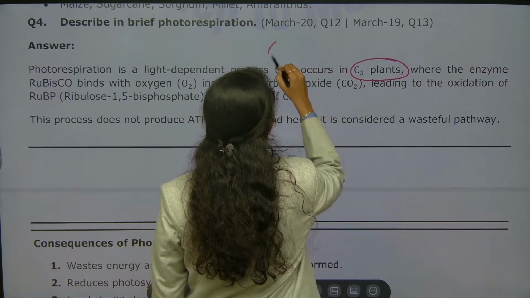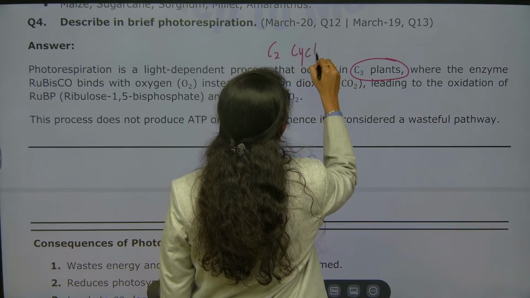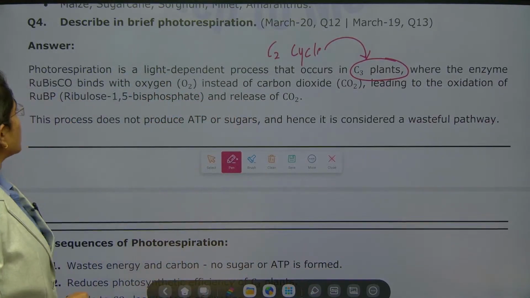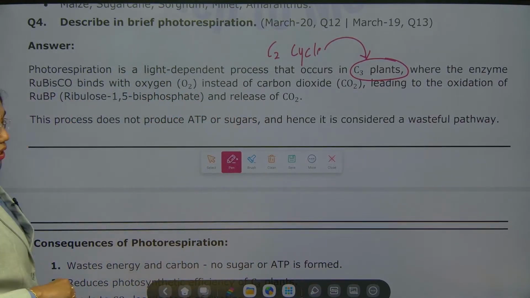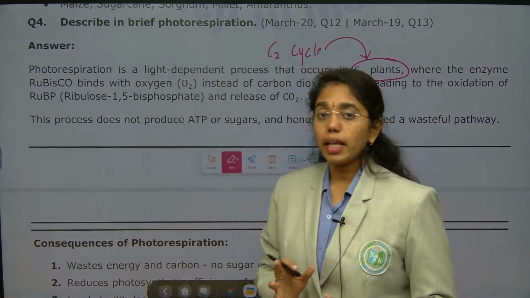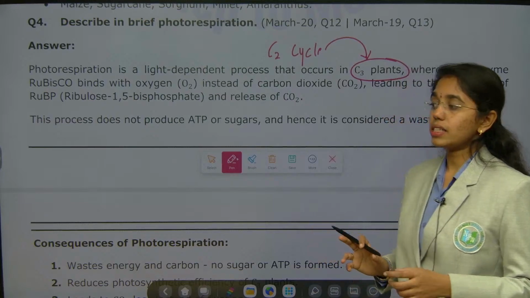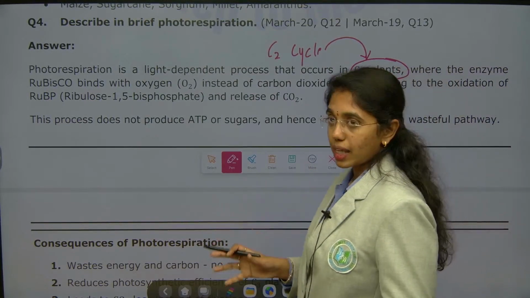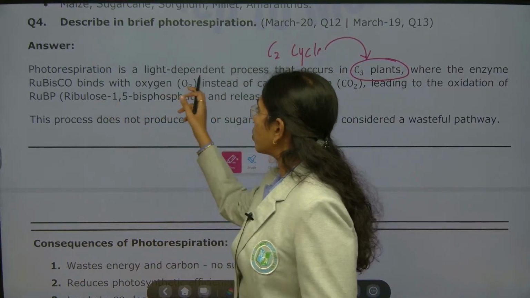Okay, C2 cycle is operated only in C3 plants, where the enzyme rubisco binds to oxygen. When oxygen levels are high around the atmosphere, then what happens? Rubisco, as it has both oxygenase and carboxylase activity, will bind to what?